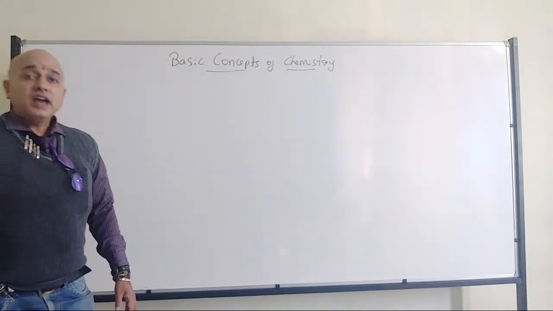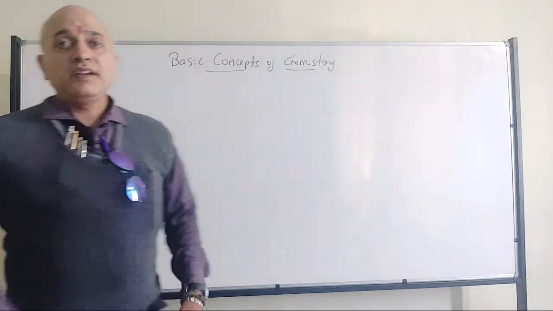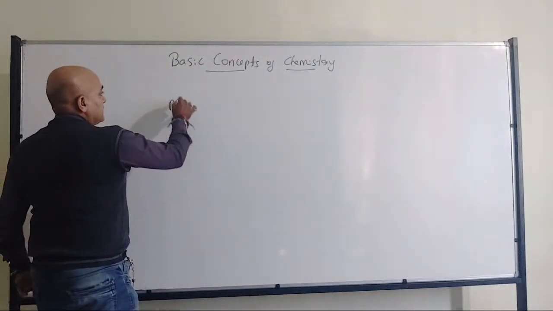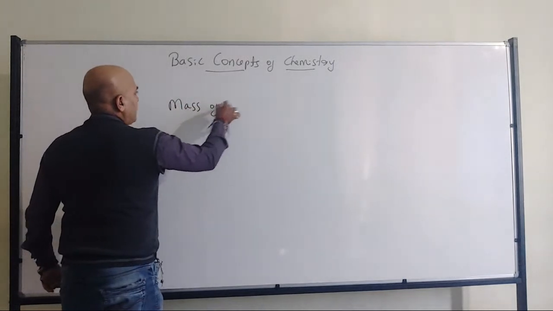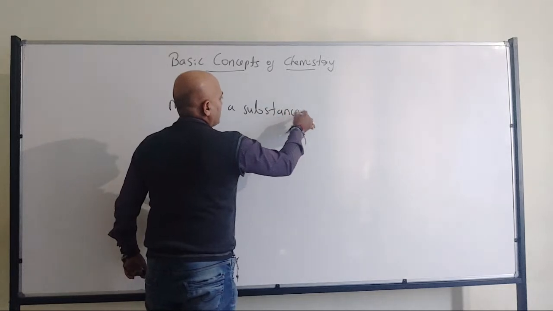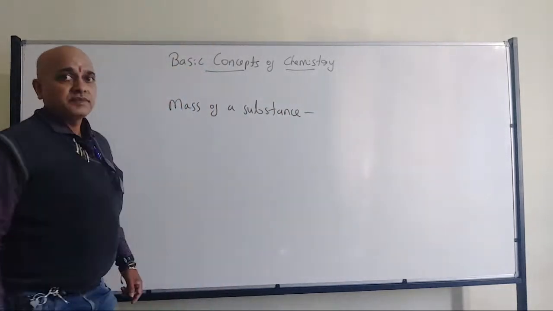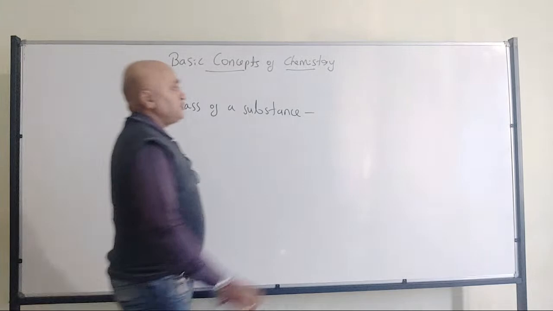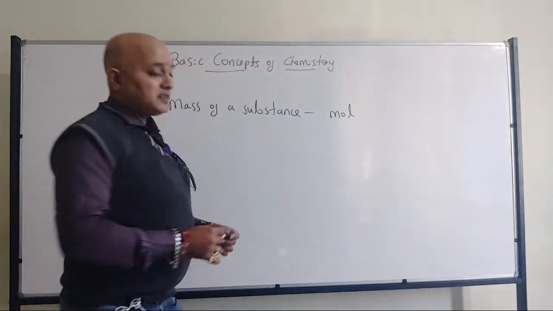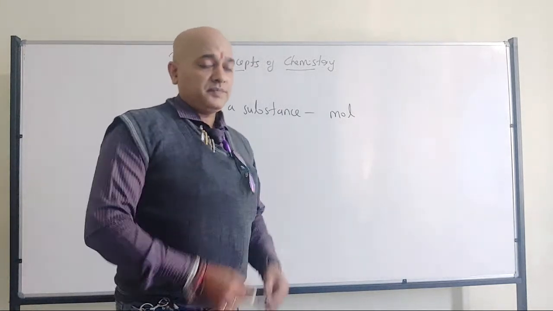Right? So now, due to that, we have come up with another concept. That is mass of a substance, where the SI unit for this one will be mole. Okay?